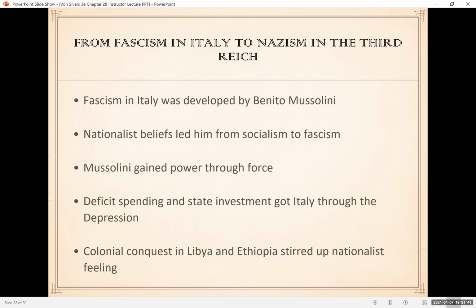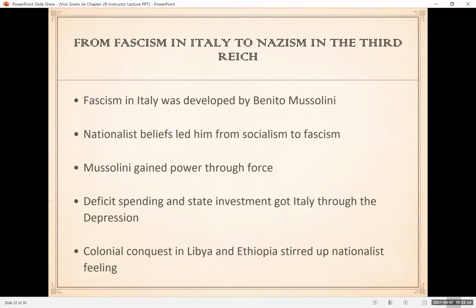Bankers knew that this would totally upset the economics of the world. They were right. But so Mussolini breaks with the socialists because he is pro-war. And after World War I, he basically starts his own party called the Fascist Party.